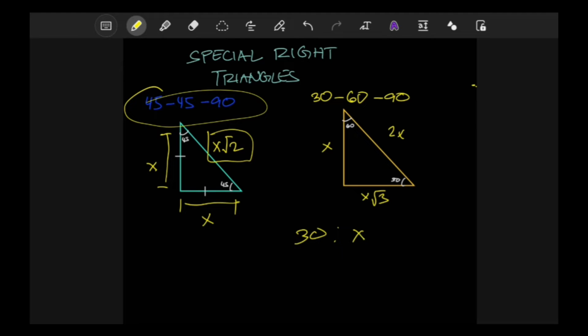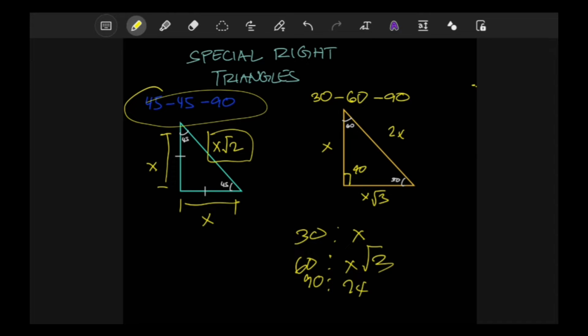That is the smaller side. While the longer side is x times the square root of 3. So obviously 60 is facing the x times square root of 3. And finally 90 degrees is facing 2x.